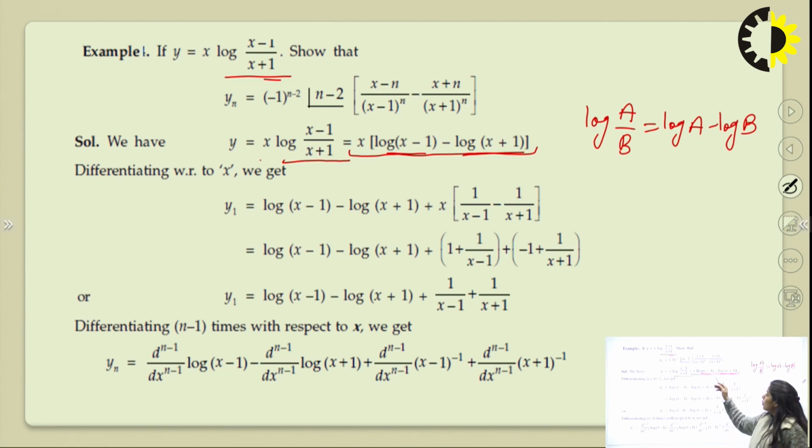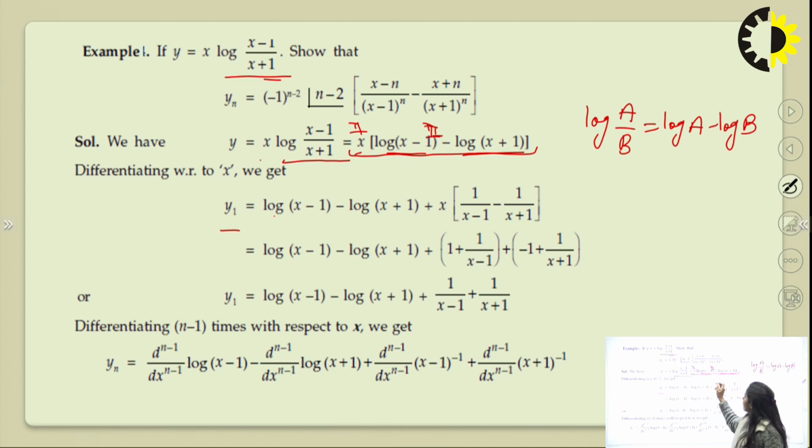So to convert this function y into the standard form, we have no idea. So now we will differentiate this with respect to x. So y1 is equal to the differentiation of these terms. This is the first function, this is the second function.